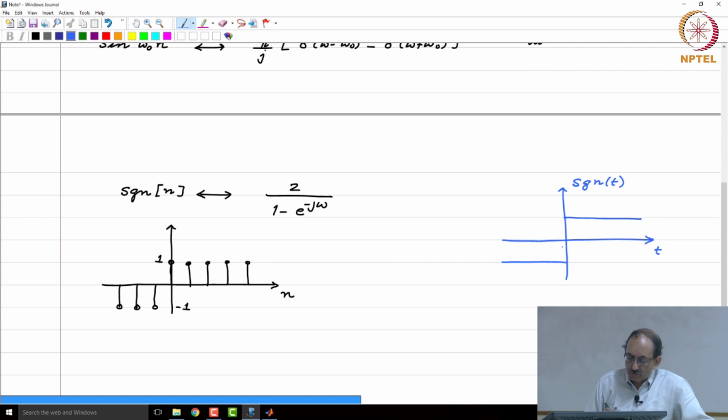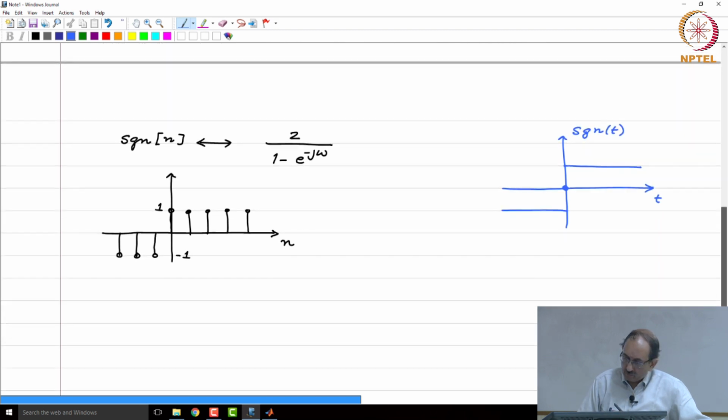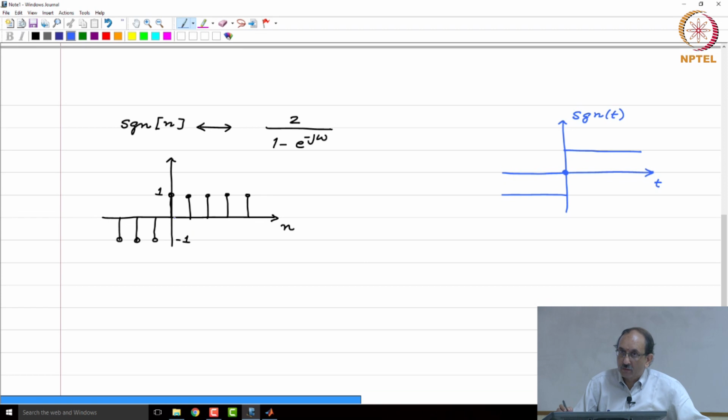And since this is an odd function, you can go ahead and define the value at t equal to 0 to be 0. So this is 1 for t greater than 0 and minus 1 for t less than 0. Whereas the way this is defined here for the discrete time case, at n equal to 0 it is defined as 1. You can also define another variant of this. You can define the signum function to be like this.